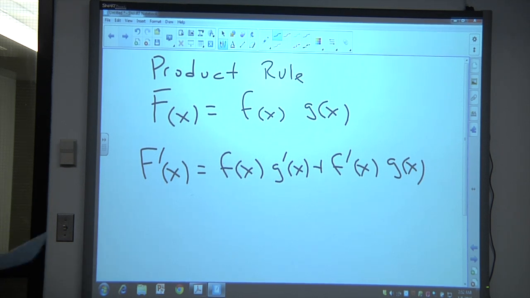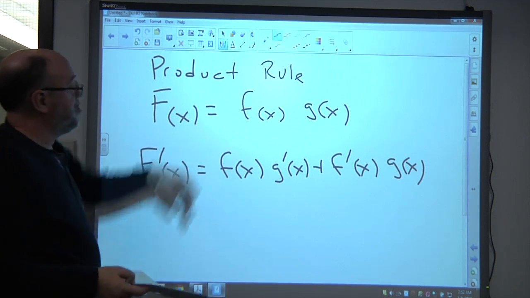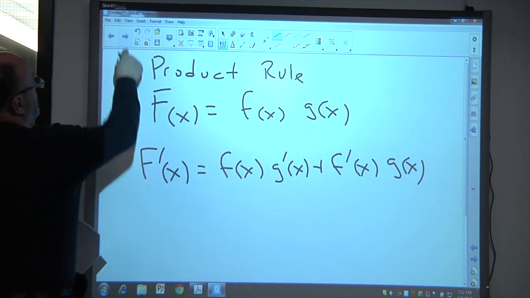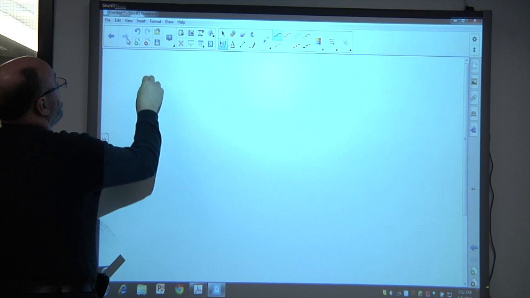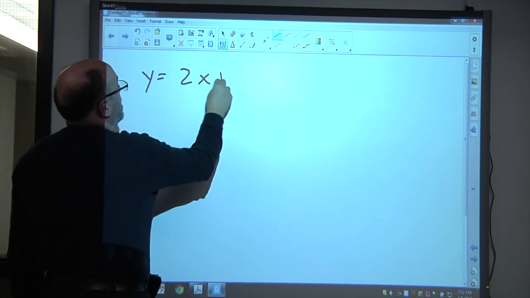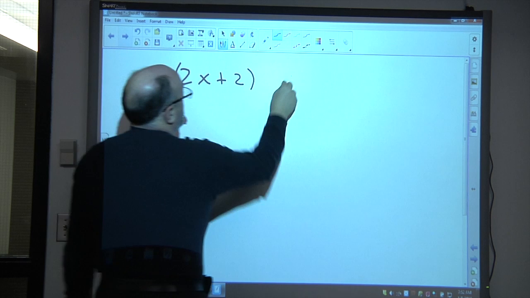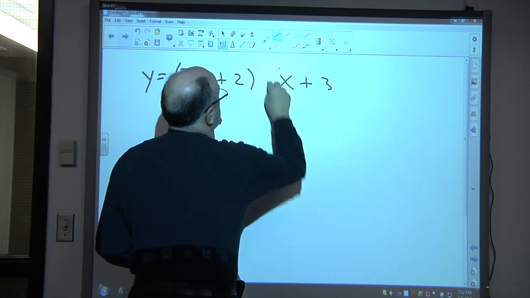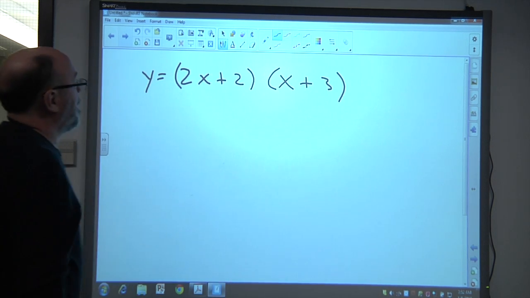So now let's do the same problem we just did and find the derivative, but now using this product rule. Again, we go back to what we had. We had y equal to (2x + 2) times (x + 3). The product rule says break it out into pieces.